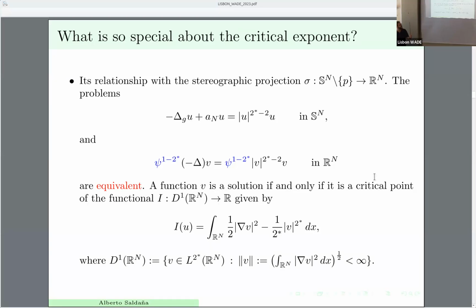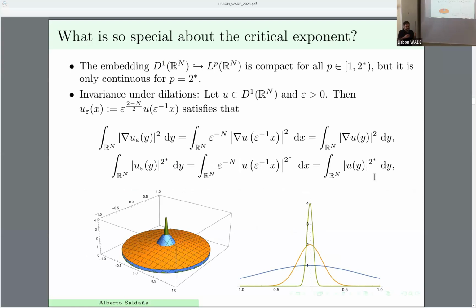Okay. So the next thing about important things about the critical exponent is that it is invariant under some dilations. So as we were saying, this space embeds into the L^p.